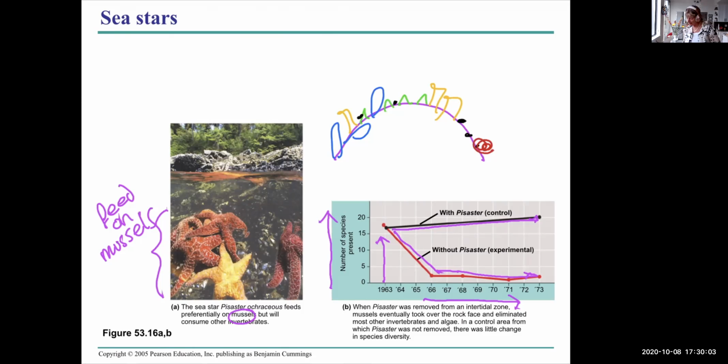And that's because the sea star eats the mussels to keep the mussel population down. If you don't have a sea star on the same rock, the mussels outcompete all of the other organisms there, and you'll basically get mostly mussels. Does that make sense?